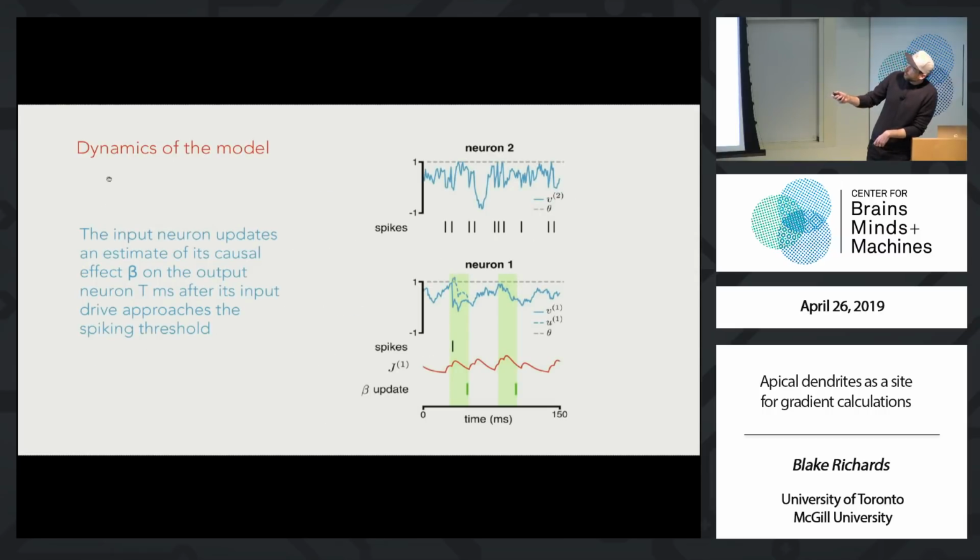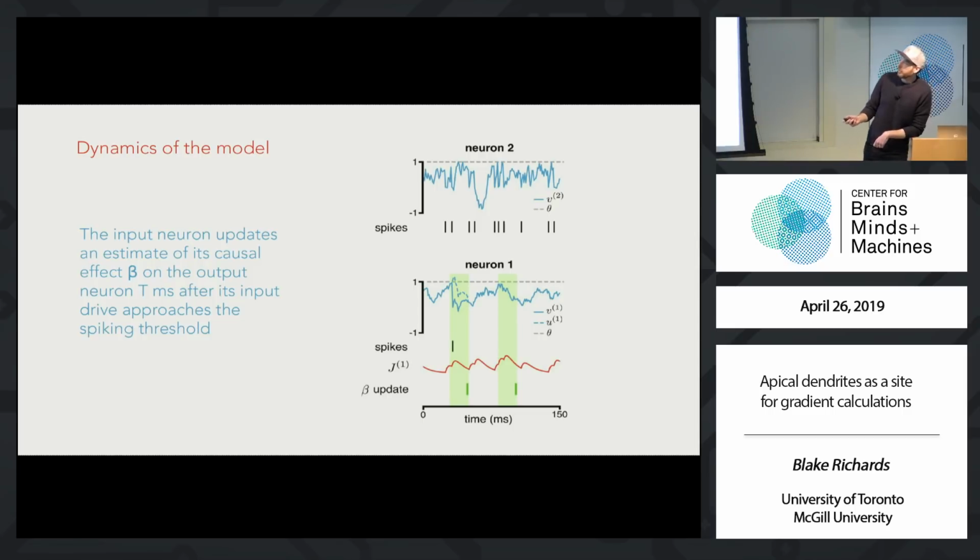So here we've got the voltage of neuron 2, the voltage of neuron 1, and basically whenever the neuron gets close to its threshold or just passes it, then we've got a chance to look at the correlation between the postsynaptic potential in the apical dendrite and the voltage in neuron 1, and that's going to be how we do our regression discontinuity design.